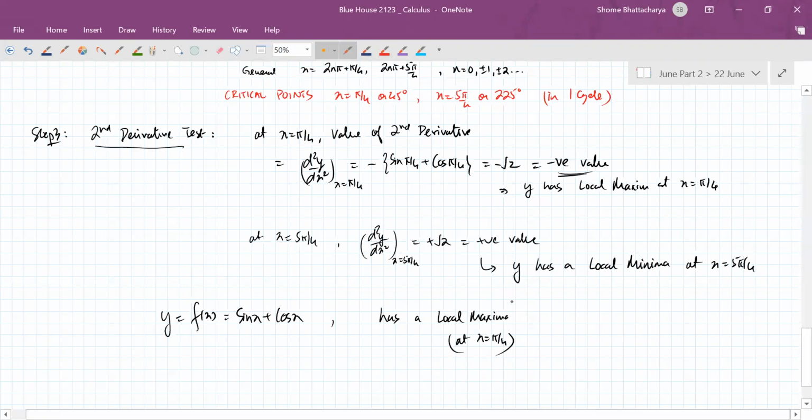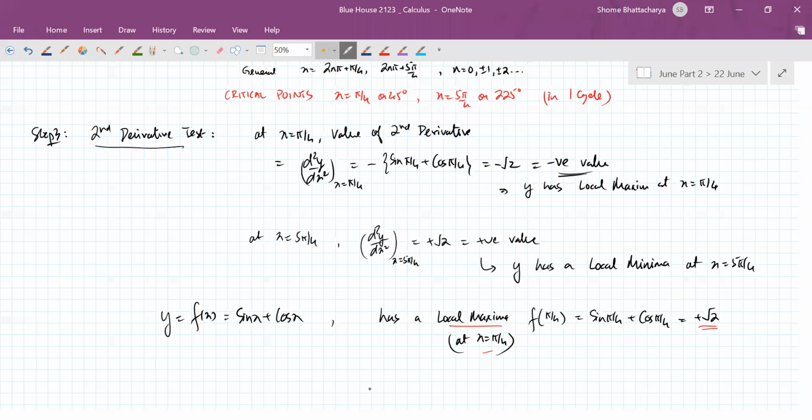The local maxima's value is the value of the function. It's the y coordinate of the function at x equal to pi by 4. So it is sine pi by 4 plus cos pi by 4, which is plus root 2. So the local maxima, its value is plus root 2, and it occurs at x equal to pi by 4.